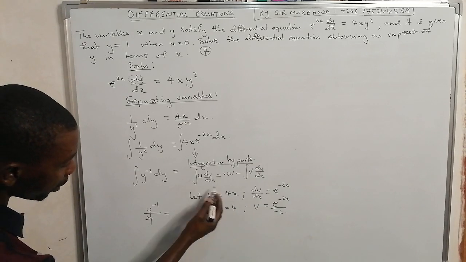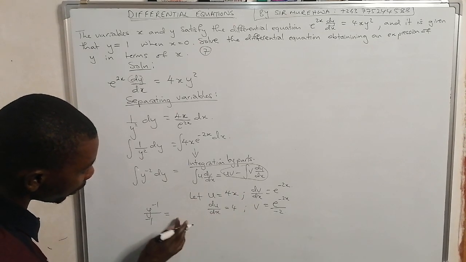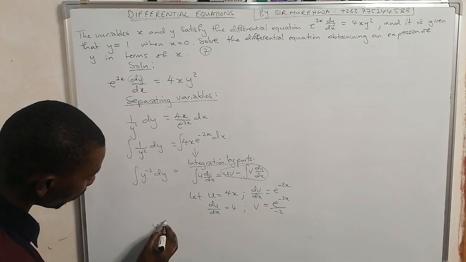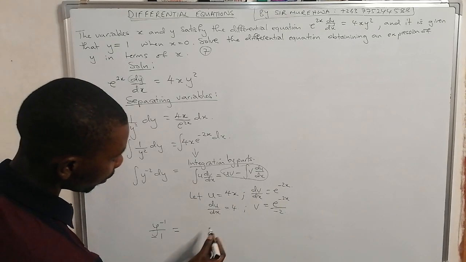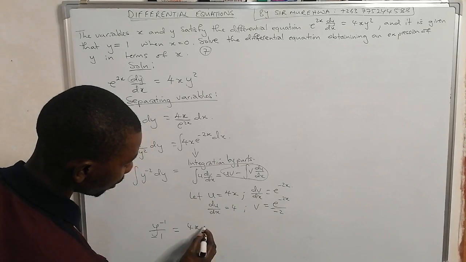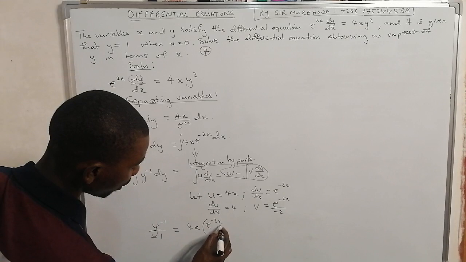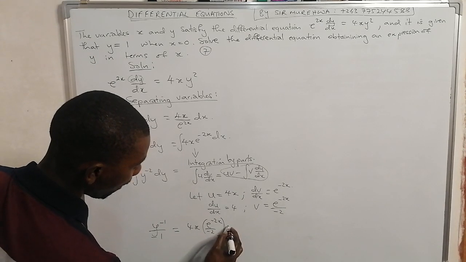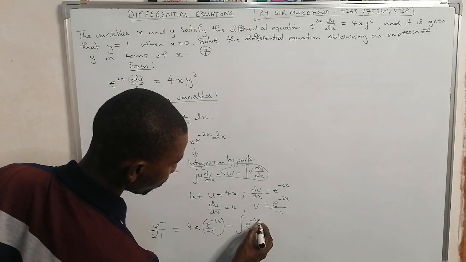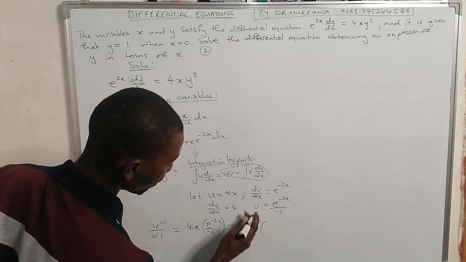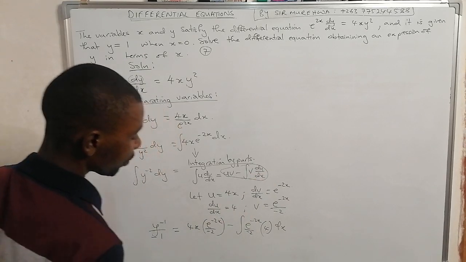This is equal to, substituting in the formula, uv, that will be 4x times v, e to the power negative 2x over negative 2, minus the integral of v, that's e to the power negative 2x over negative 2, times du/dx, which is 4, dx.